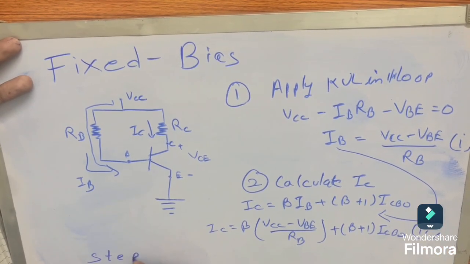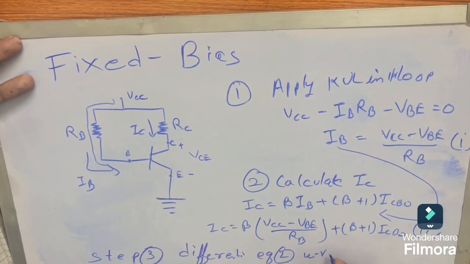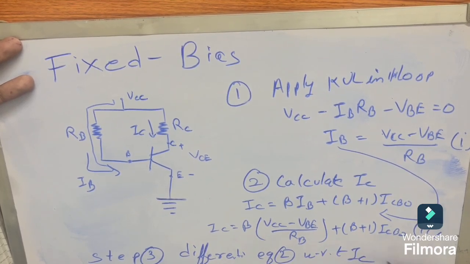Now coming to the last and final step, which is differentiating equation number 2 with respect to IC, the collector current.